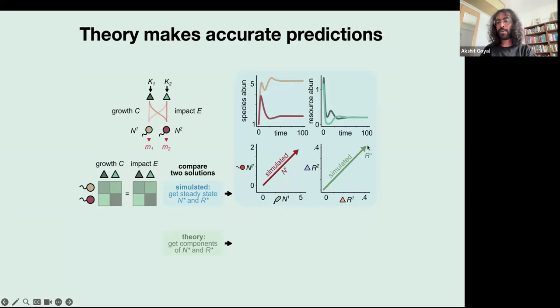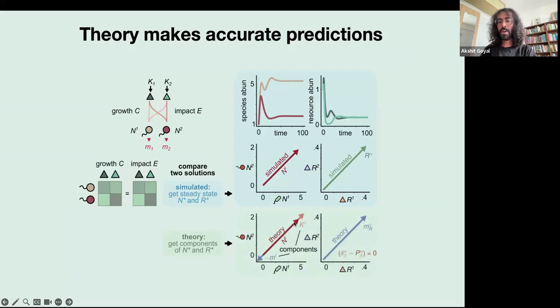This vector over here is the R star. That's the steady state resource abundance vector. And if I know what the supply and the mortality are, I can also make a prediction of the same steady state vector from theory. And so that's the red and the blue vectors over here. And you can see that basically they match very, very well.